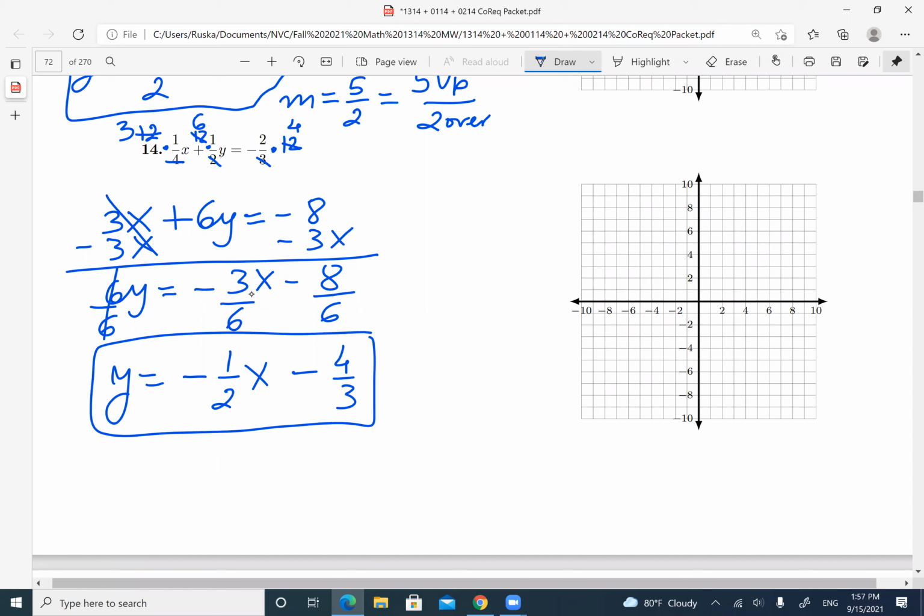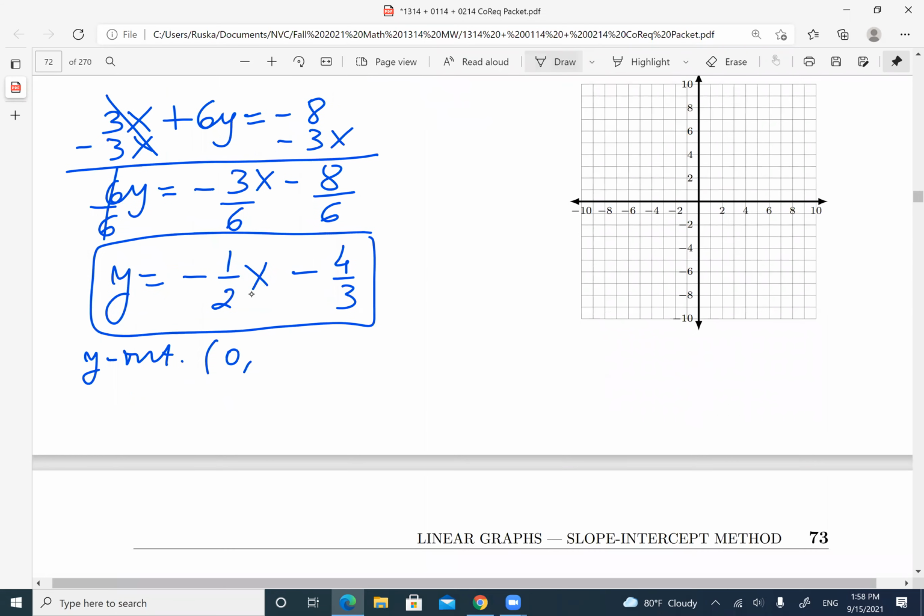Now looking at that equation, the y-intercept is what? 0 and negative 4/3, yes. And then the slope is negative 1/2. So in this case, you always move the negative to the top. So it's going to be 1 down and 2 over, right? Because it's negative 1, it's 1 down and 2 over.